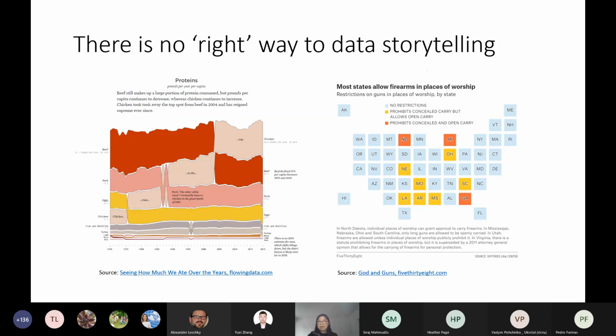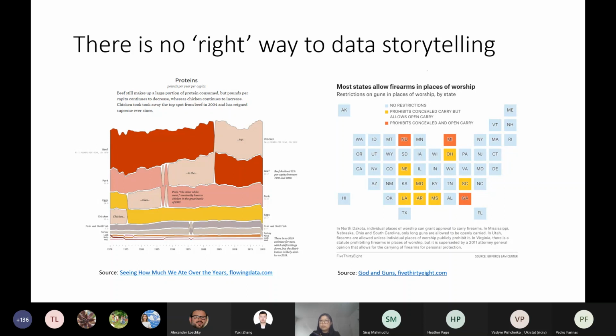I'm almost done with all the presentation on data storytelling and data storytelling in SDG. But the last thing I want to emphasize is that there's no right way to do data storytelling. There are so many powerful data stories presented everywhere on the website. So I would encourage you to explore all the creative ways to develop a narrative and to present it visually.